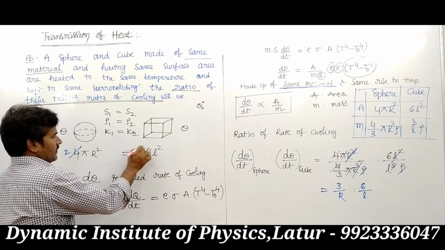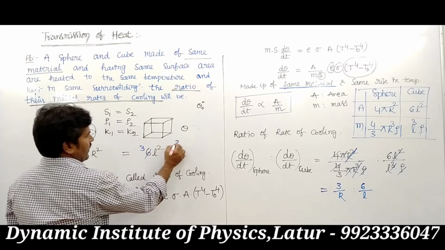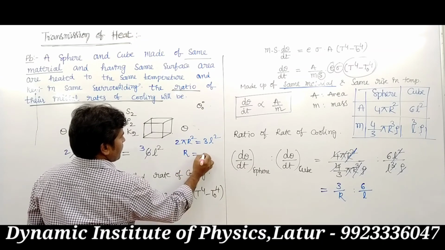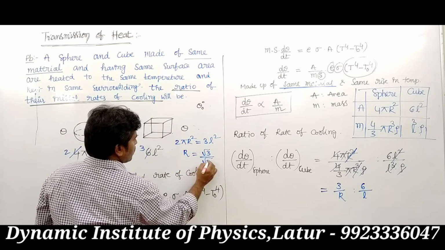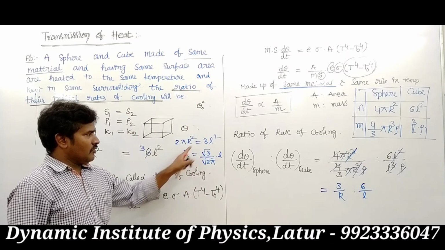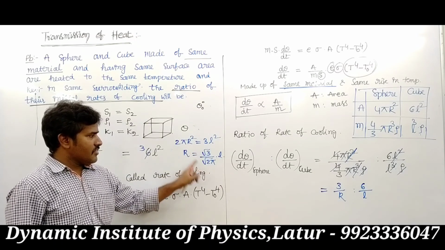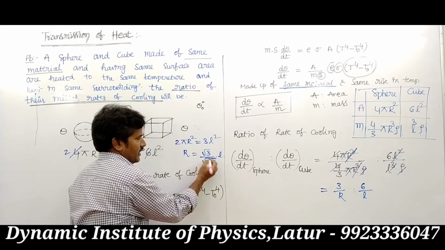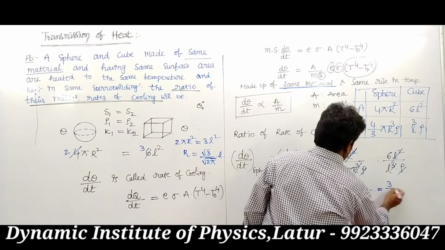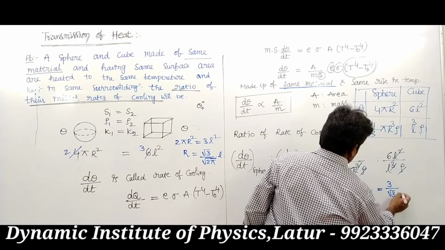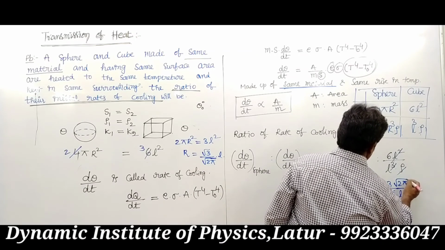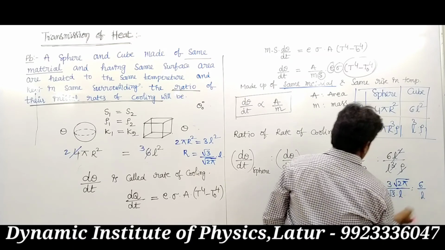Dividing by 2, 2 pi r square equals 3 l square, so r equals root 3 upon root 2 pi into L. Putting the value of r here, we get 3 upon (root 3 into L upon root 2 pi), and the other side is 6 upon L.